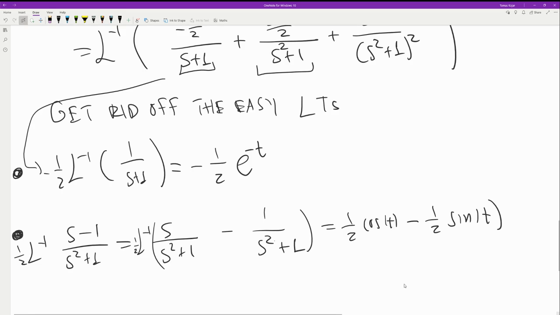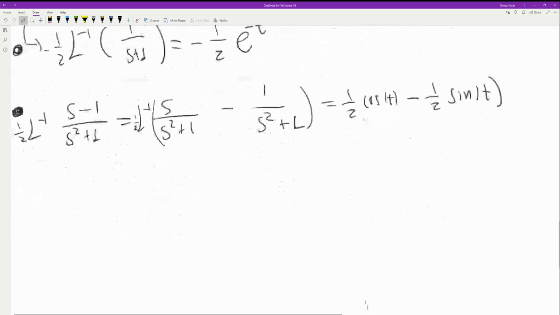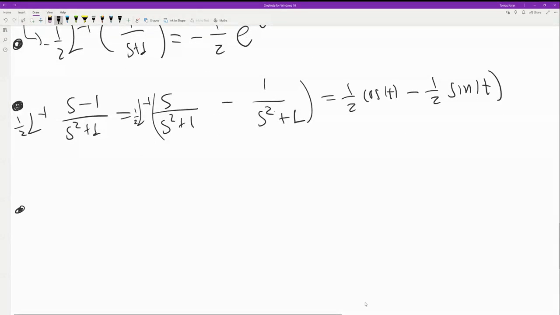So as you can imagine, the toughest guy is this power. Okay. So here we have to find (s plus 1) over (s squared plus 1) squared.